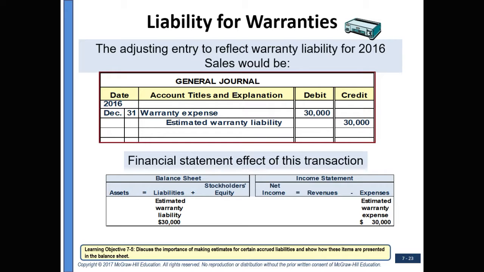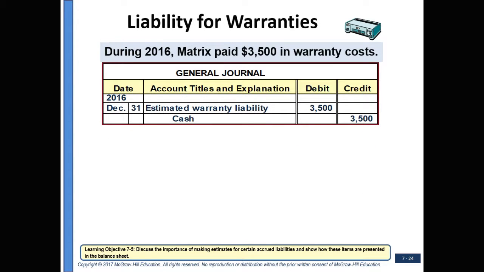Now, during that warranty period, what's going to happen is that as an organization, Matrix is going to have some actual costs. They're going to have players come back for a repair. They're going to have to replace a player. And how they handle that as they pay out for maybe those repairs to those players is completed in this manner.